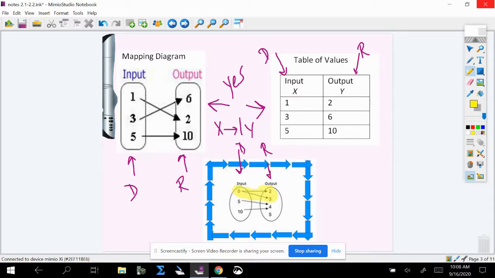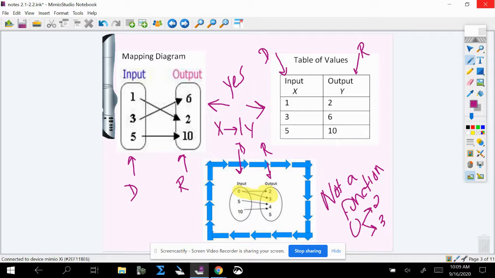Look at the input value 0. If I said, what does 0 go with? Some of you could say 2, some of you could say 3, and you're both right. That is not a function because we have an input value that is repeated with 2 different output values. So 0 goes with 2, and 0 also goes with 3. This is an example that is not a function for that reason, because 0 has 2 different output values.